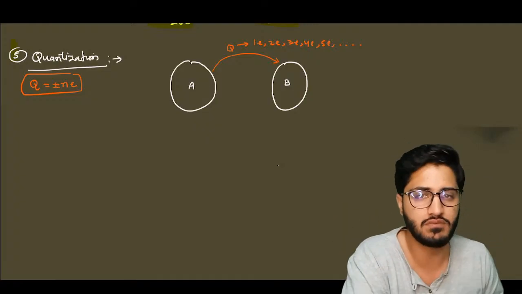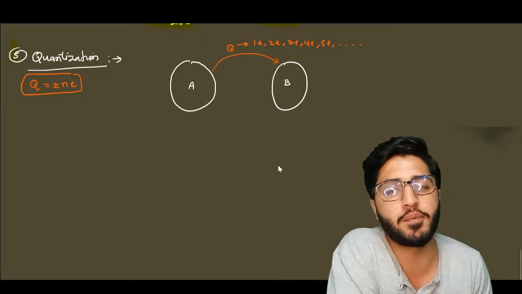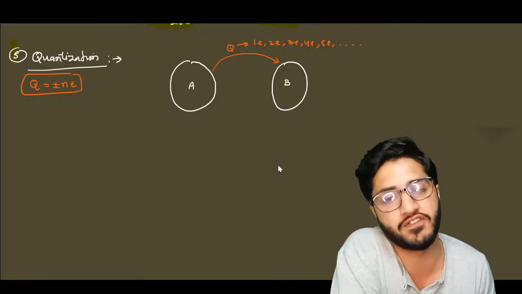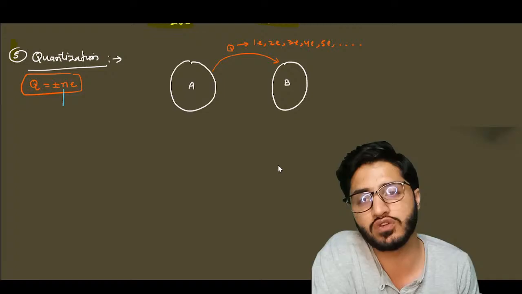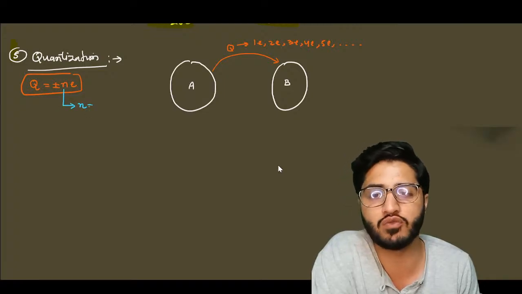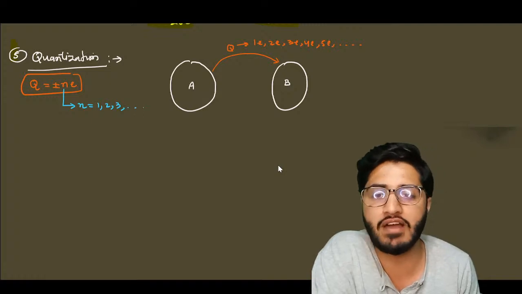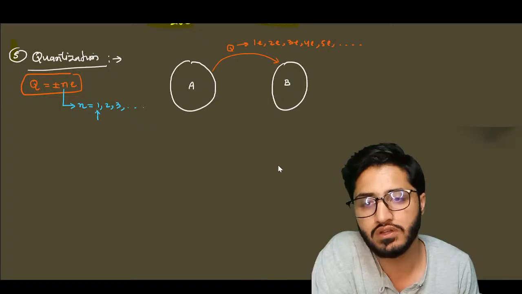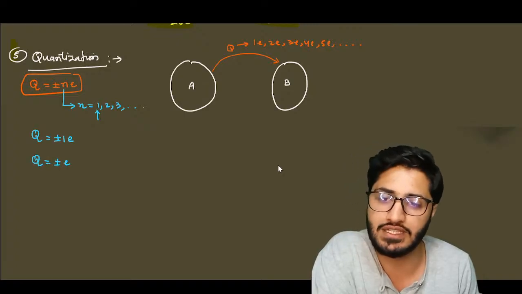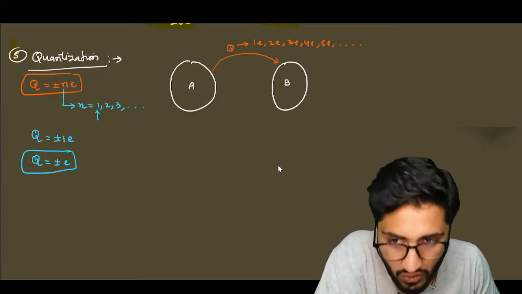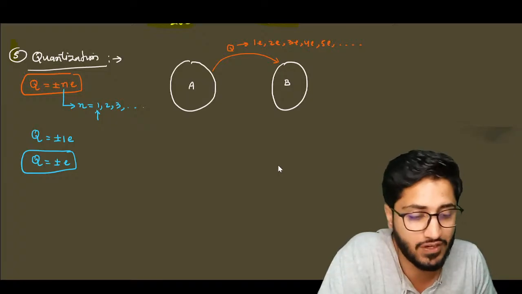So if this is the property, what is the minimum value of charge that can transfer from one body to another? That is e only. Here n is an integer, so the value of n would be 1, 2, 3, and so on. So what is the minimum value of n? Sir, it is 1. Right? So for n equals 1, Q is equal to plus or minus e. So the minimum charge that can transfer from one body to another is the charge of an electron.